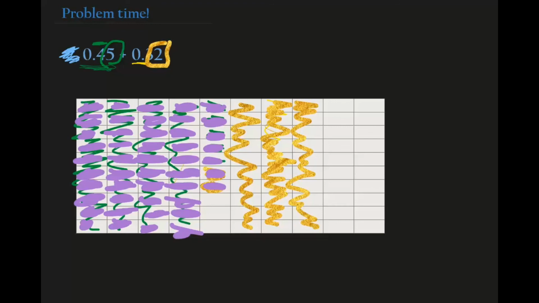So we're not going to count these three because they are not shaded. So I'm just going to cross those off in red.